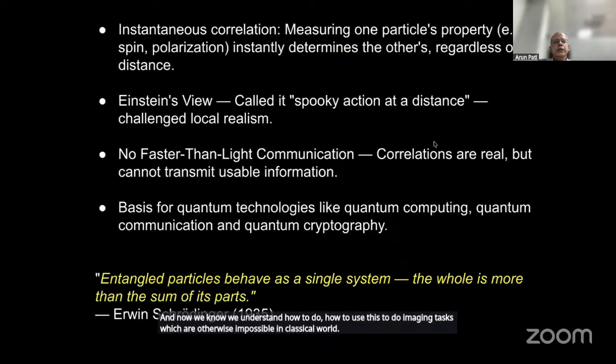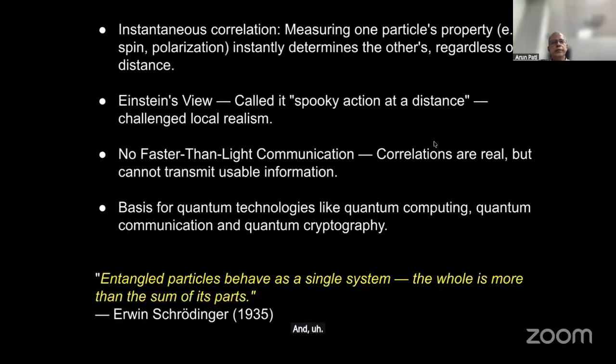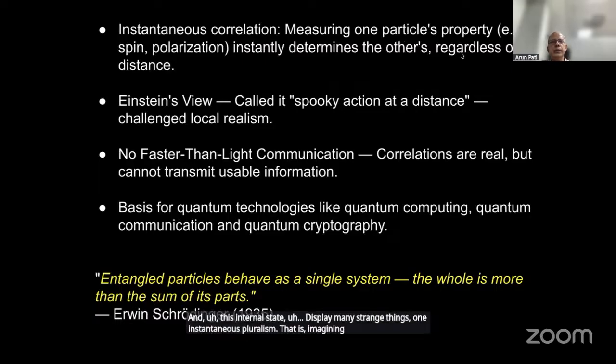And these entangled states display many strange things. One is instantaneous correlation, that is, measuring one particle's property, like spin polarization, instantly determines the other particle's property, even if they're far apart. And Einstein's view was that there is some kind of spooky action going on, and that challenges local realism.